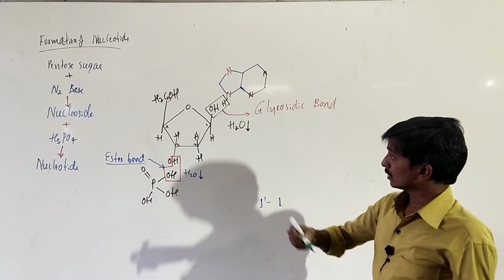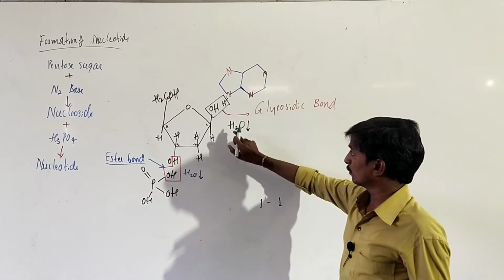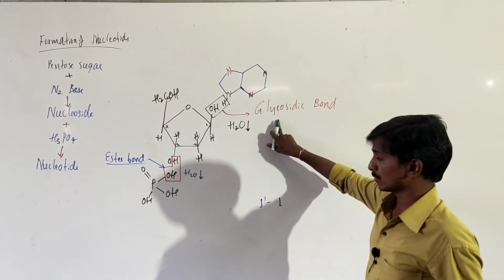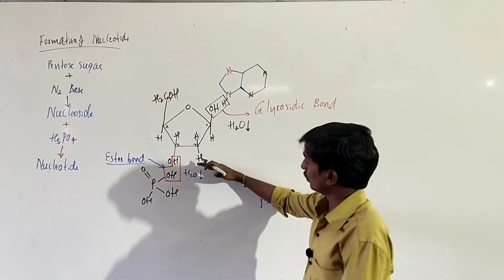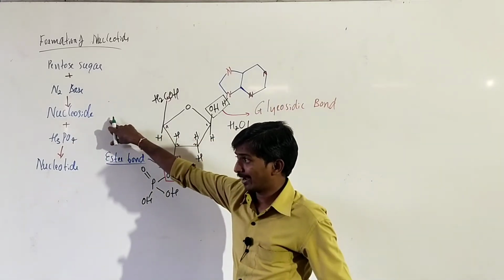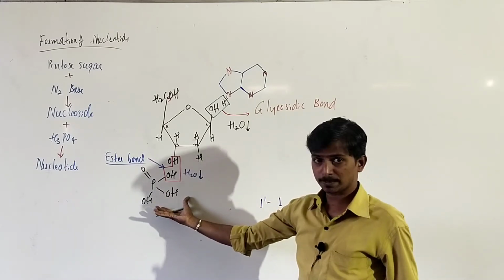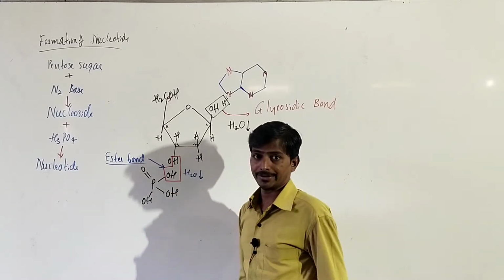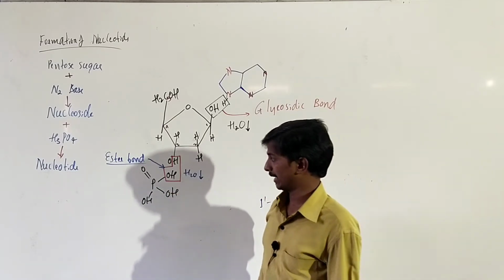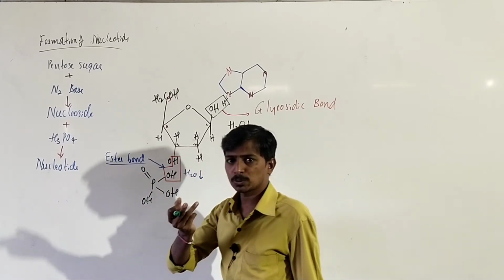When the sugar binds to the nitrogen base by losing one molecule of water, it is called a glycosidic bond, and this structure is known as a nucleoside. And for this nucleoside, when phosphate binds, this structure is now called a nucleotide, and this bond is called ester bond or phosphoester bond.